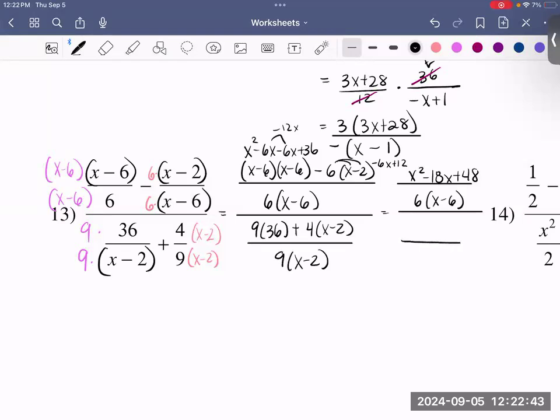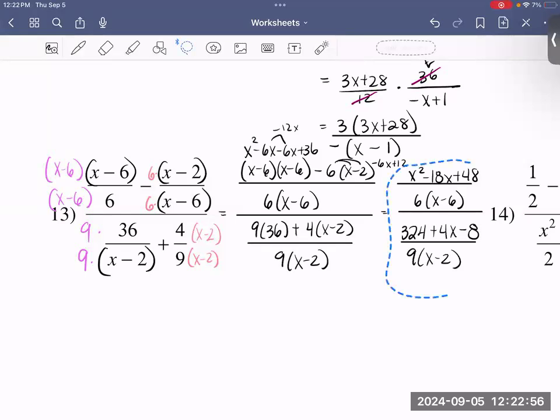So when you combine and simplify, we should get 3 plus 4x minus 8, 9x minus 2. I'm just going to rewrite this whole thing.